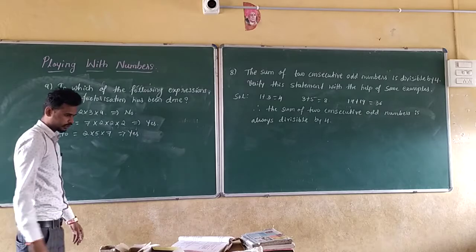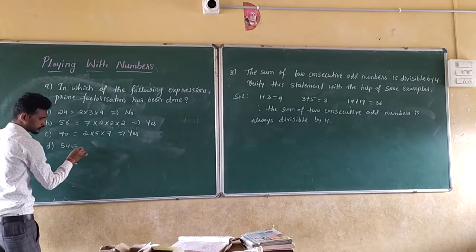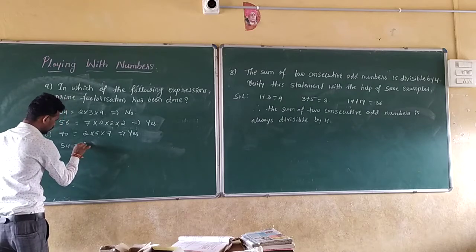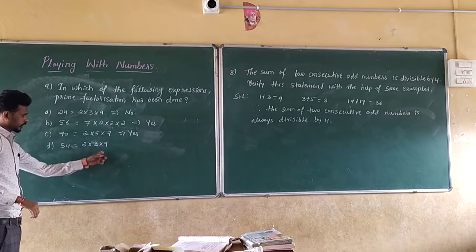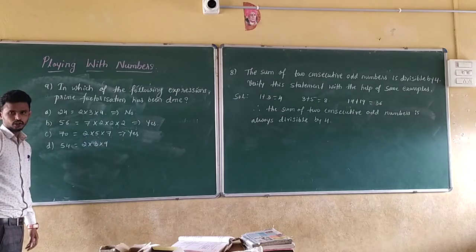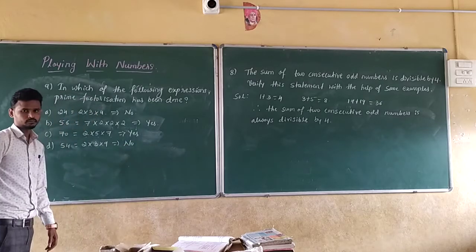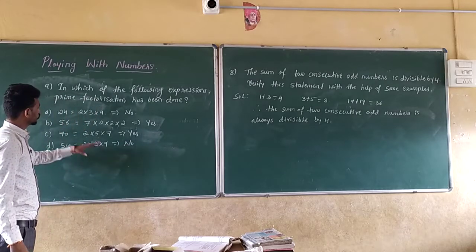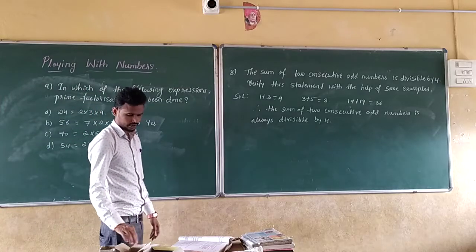Next, the fourth one, 54, which equals 2 into 3 into 9. Here, is 9 a prime number? No. Hence, it is no. So this is our ninth question. Let us see the next question.